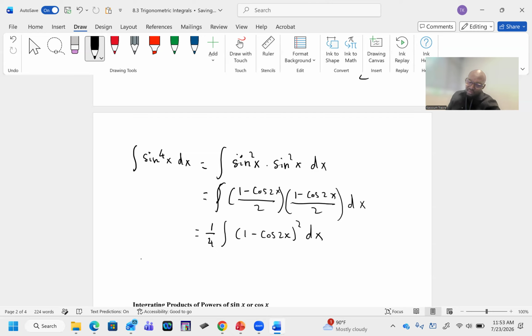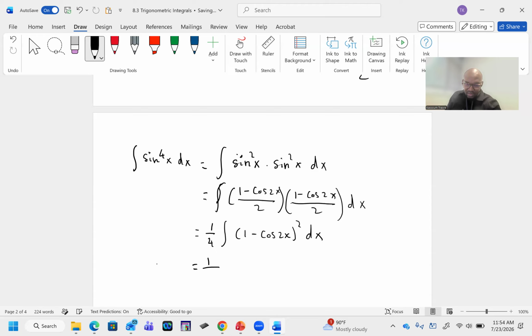Still, if I use a substitution here, I will have cosine of 2x and then du, which will be negative 1/2 sine of 2x. So I still cannot do a substitution right here. That is why I will expand this one.